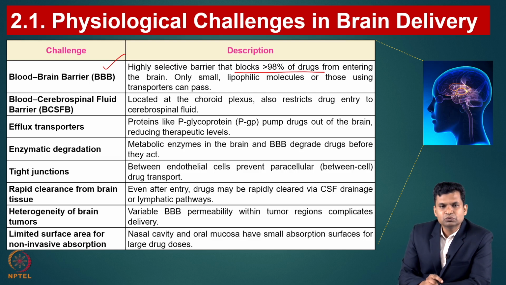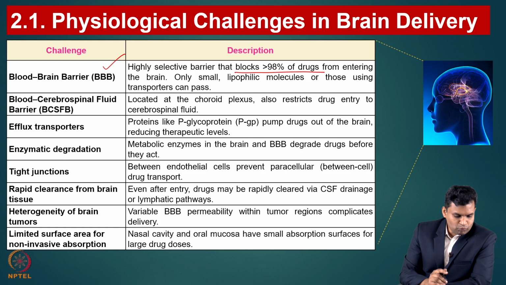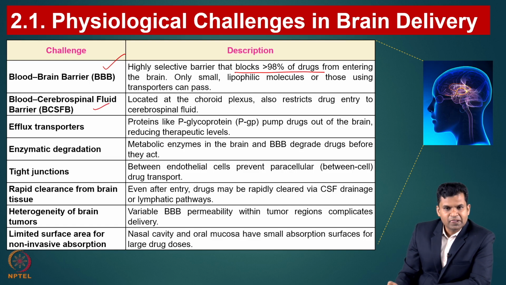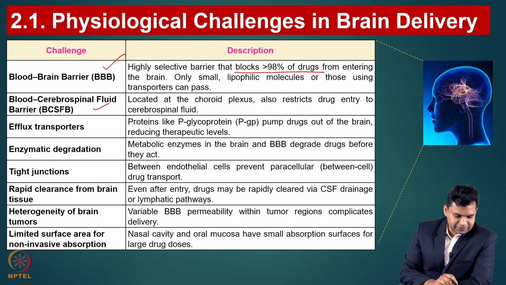So, we need to look at some bypassing strategies for brain delivery. And then reaching the blood cerebrospinal fluid barrier is one of the major issues. With various strategies we can also reach the blood cerebrospinal fluid barrier.